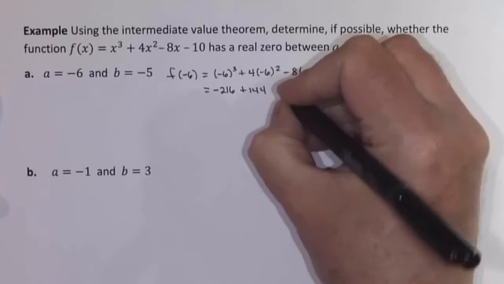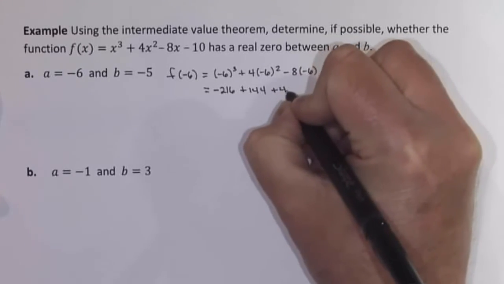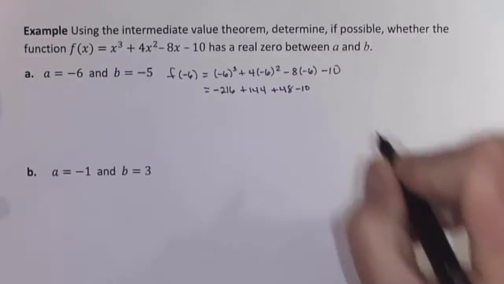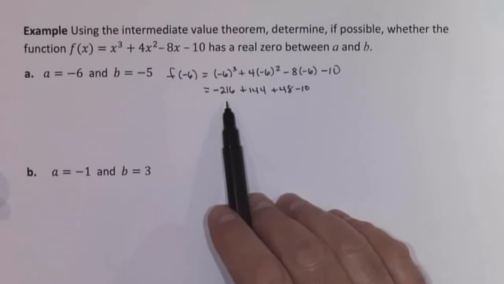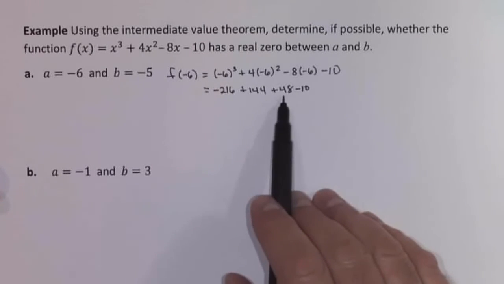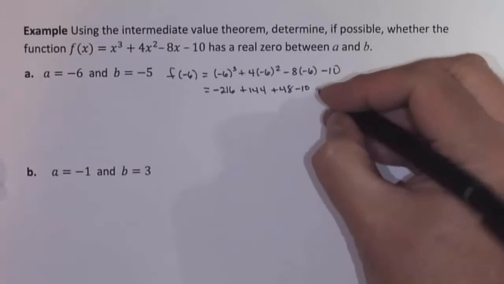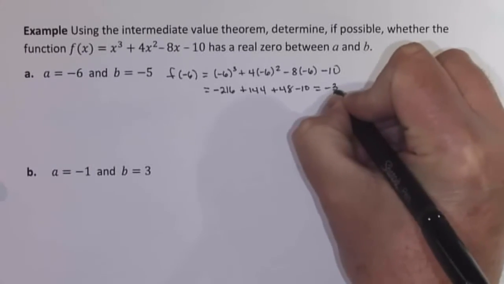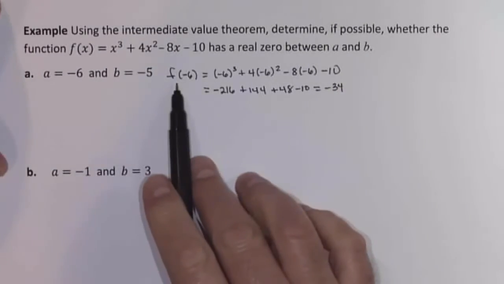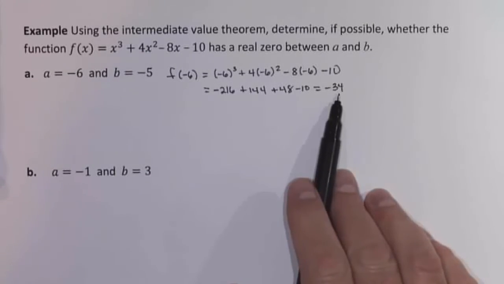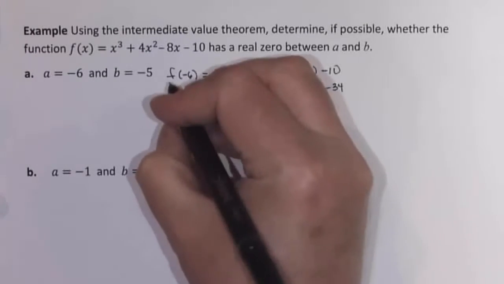Minus 8 times negative 6 is going to be plus 48, minus 10. And so negative 216 plus 144 plus 48 minus 10 is negative 34. So f of negative 6 is negative 34, which is a negative value.